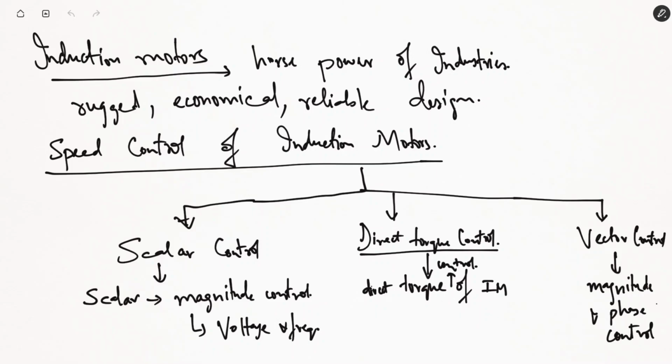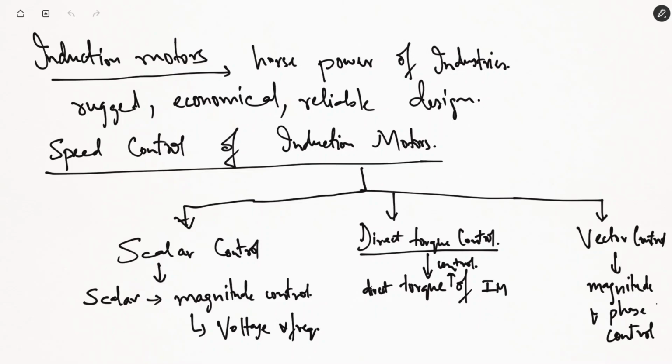You can accordingly change the speed of induction motor. By changing the number of poles of an induction motor, you can change the speed of induction motor. So these methods, voltage control, frequency control, by changing the number of poles, by changing the rotor current, some of these methods you have already studied in your machines courses.